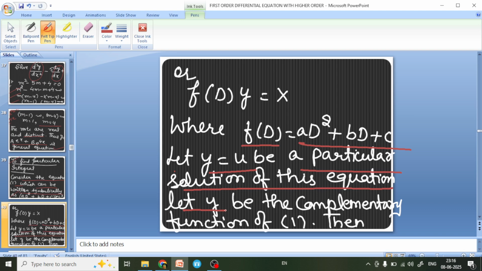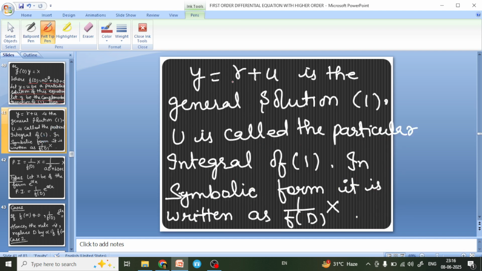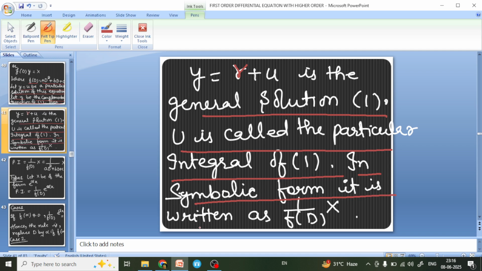So let y be the complementary function of 1. Then y is equal to the complementary function plus u, which is the general solution of 1, and u is called the particular integral of equation 1, and in symbolic form it is written as 1 over f(D) times X.